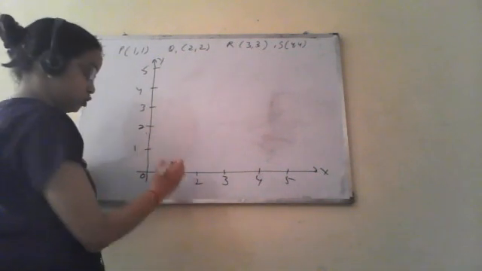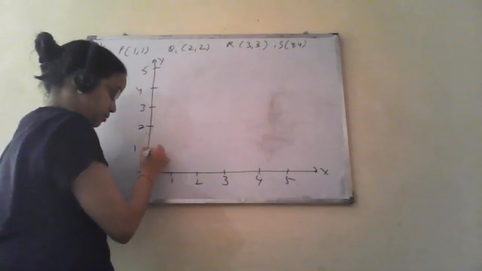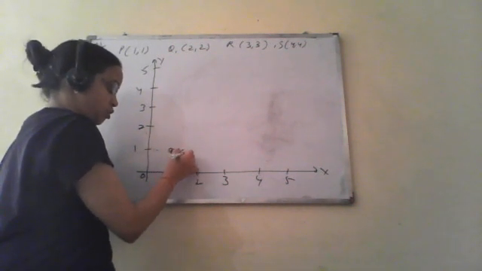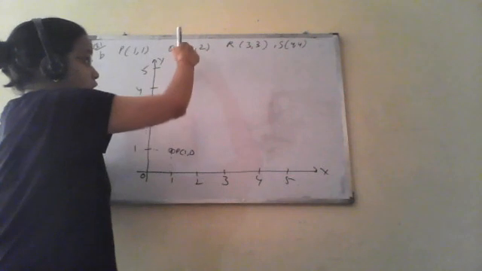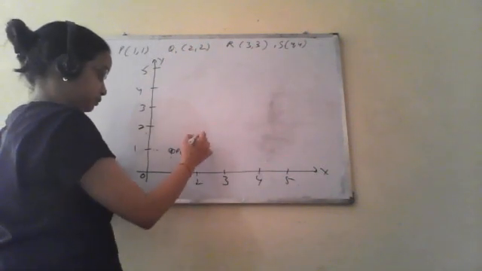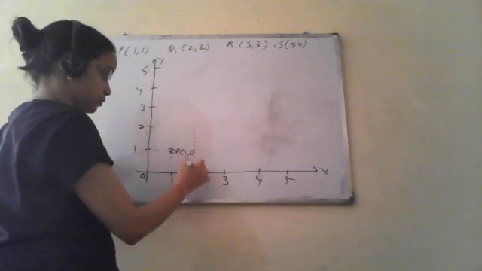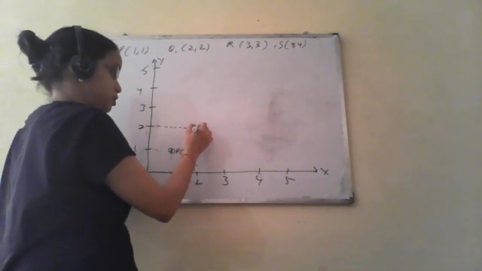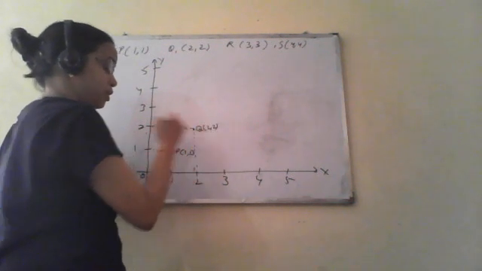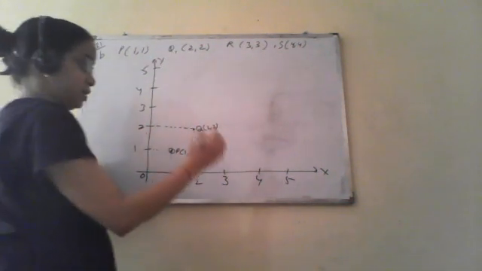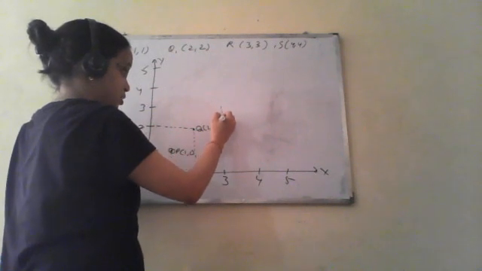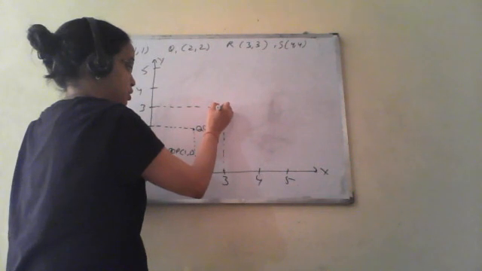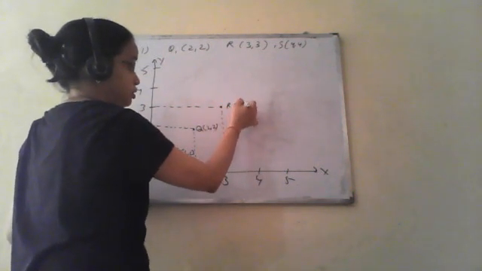Point (1, 1): x is 1, y is 1. So this is point P, coordinates are (1, 1). Now (2, 2), so this will be point Q. And point R is (3, 3).